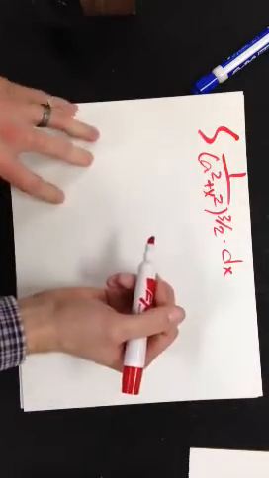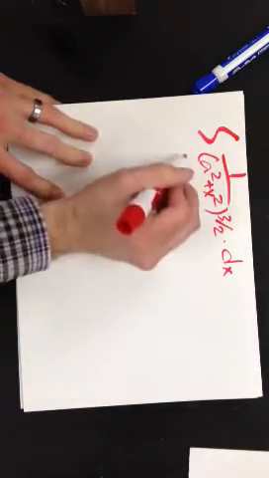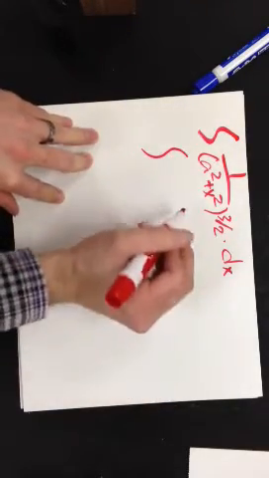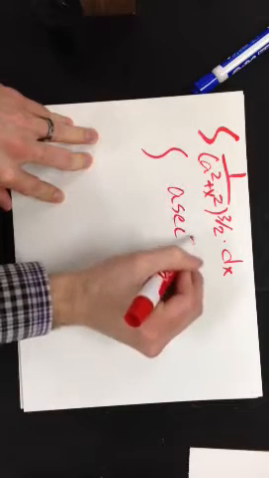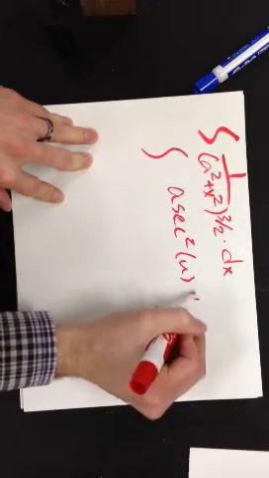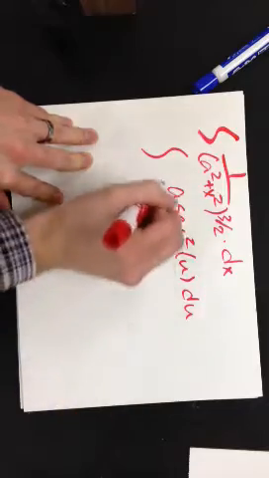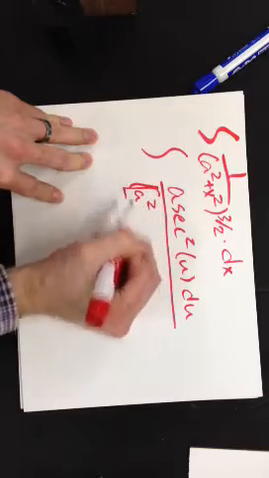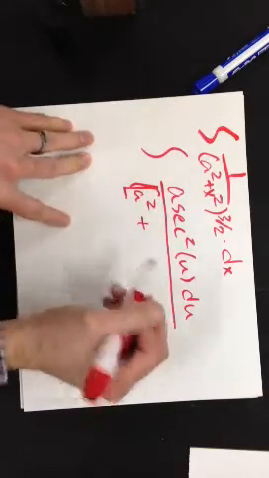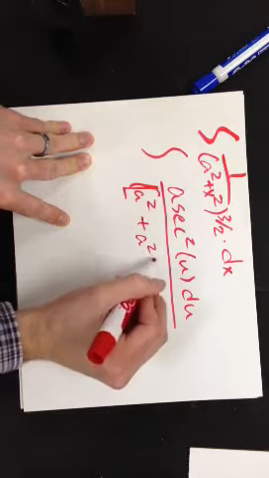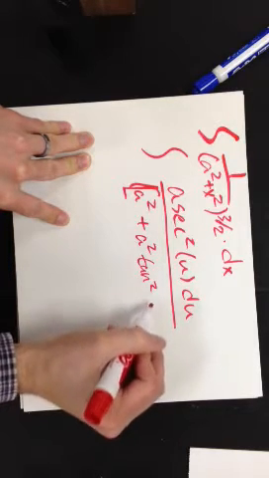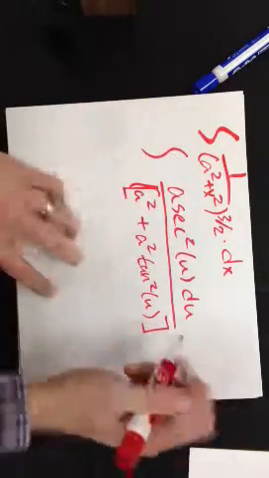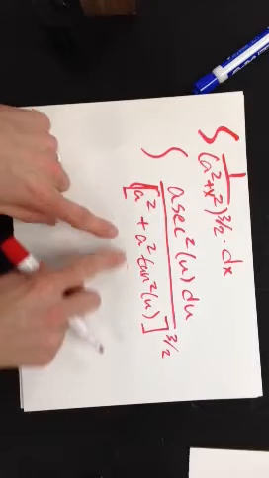Okay, so I'm going to make my substitutions now, and this becomes the integral of dx, which is now a secant squared u du, and then I've still got this a squared plus x squared, which is now a squared tangent squared of u, and then this is still taken to the 3/2.